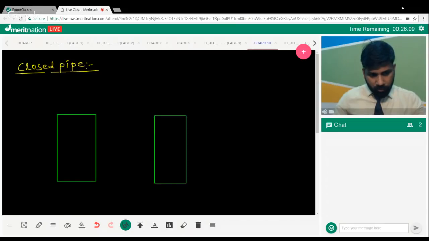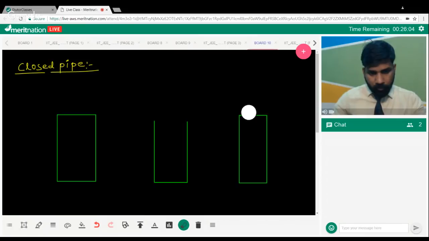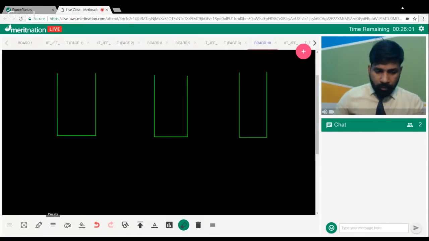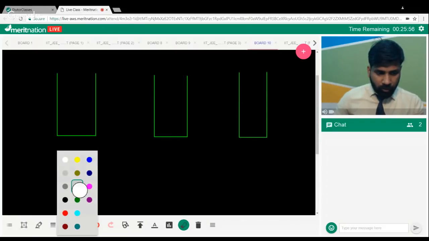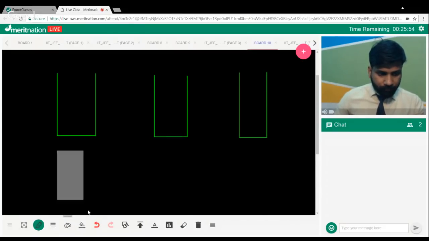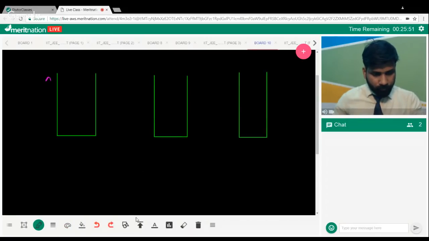Let me draw three diagrams here. Suppose from the bottom this pipe is closed, and suppose the length of this tube is L.